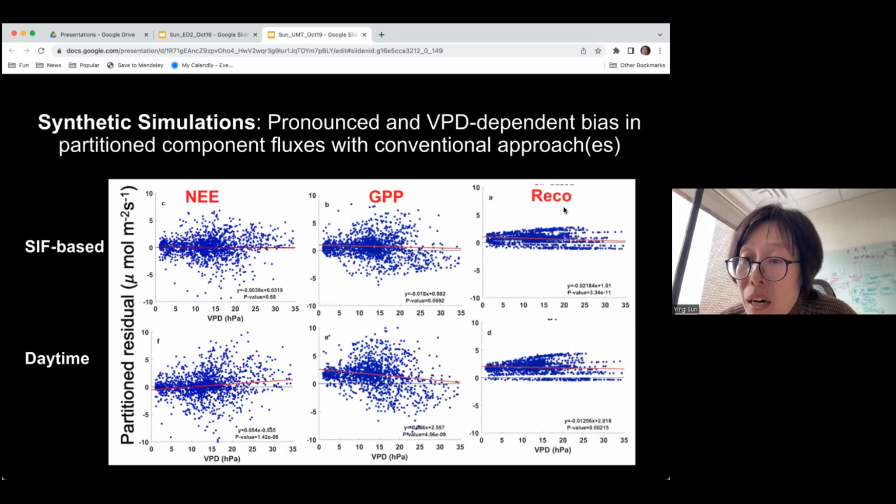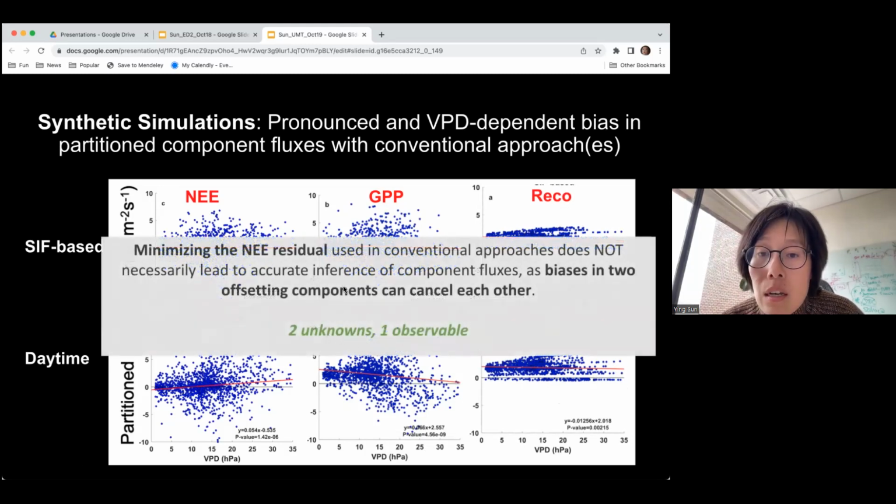When we look at the partitioned respiration, again, with this daytime-based approach, there's a systematic bias for the partitioned ecosystem respiration, which is not the case for the SIF-based partitioning. So here, the point is that minimizing the NEE residual, the fitting residual in this conventional approach, does not necessarily lead to accurate component fluxes, just because these two components have opposite signs.